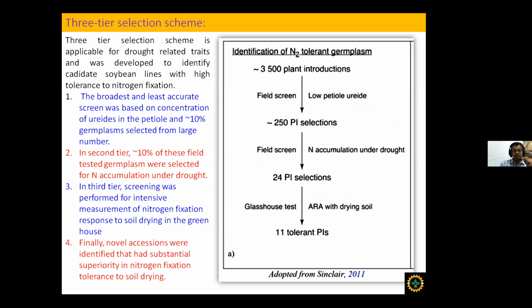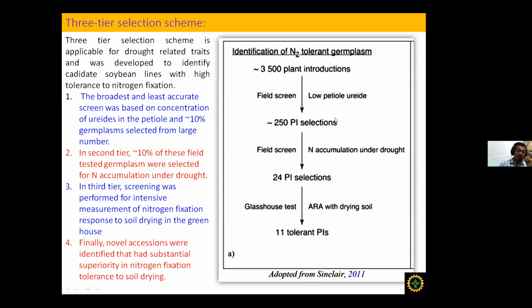And this scheme was proposed by Sinclair in their selected traits for nitrogen fixation. So the very first tier, the broadest and least accurate screen, was based on concentration of ureides in the petiole, and 10% of germplasm was selected from large numbers.